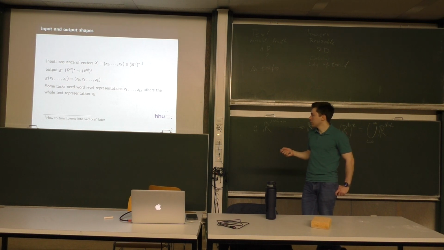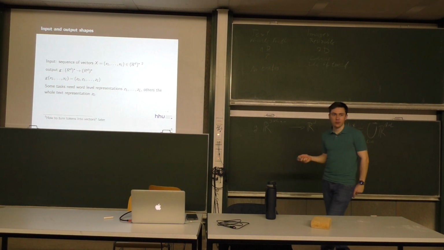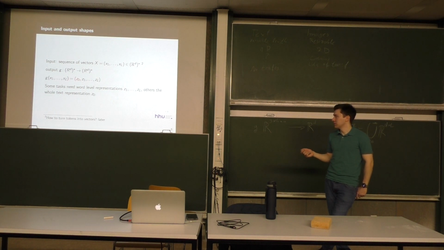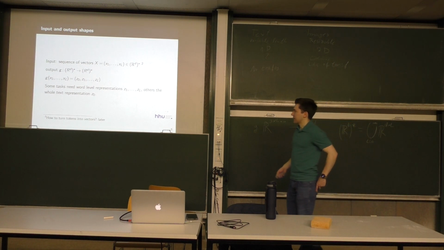So we want for each token a representation output, Z1 to ZL, which we use for token level tasks like named entity recognition. But we also want an extra output, Z0, as I call it here, which is like a summarization of the whole text.